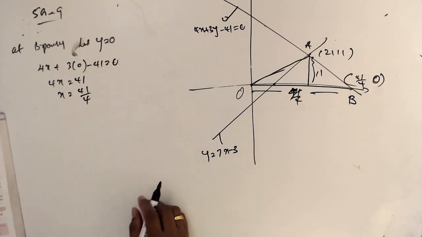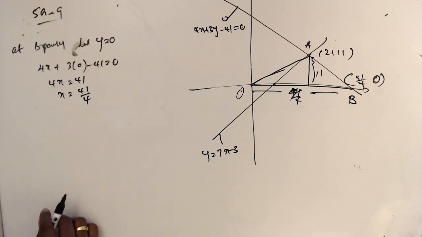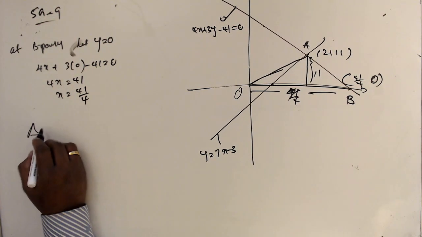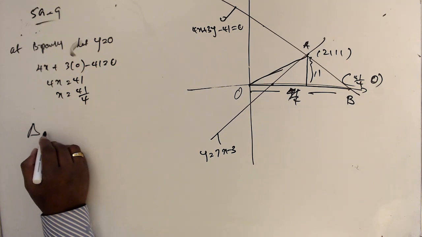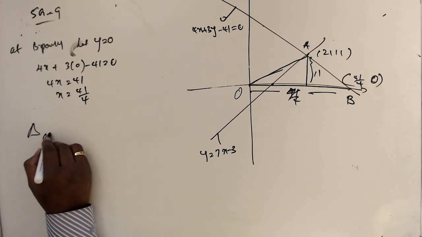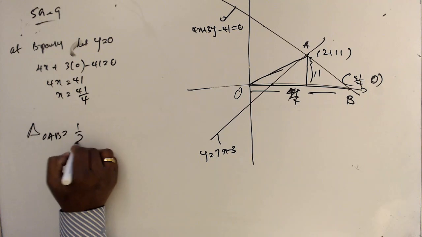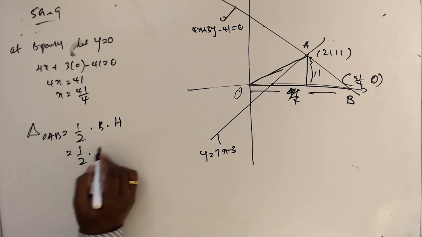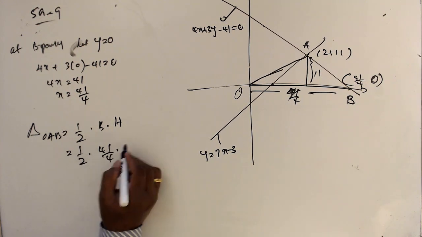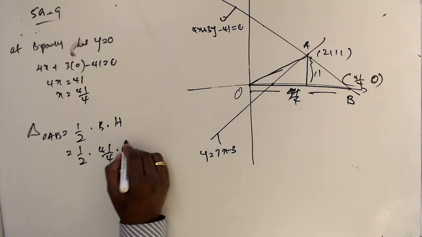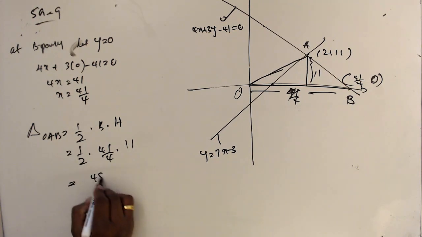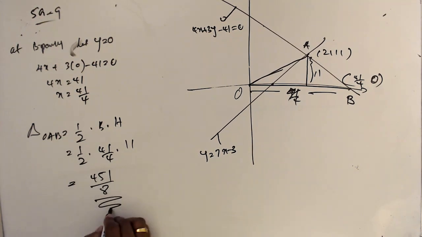So that's why when we draw properly, it is easy. And OAB equals half base times height. Half the base is 41 over 4, height is 11. 451 over 8.